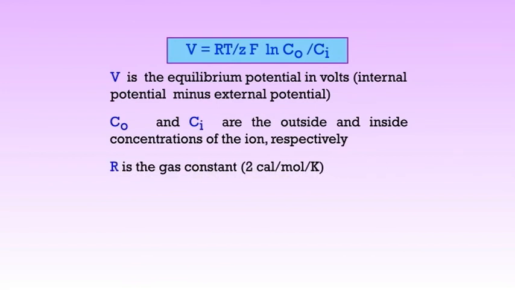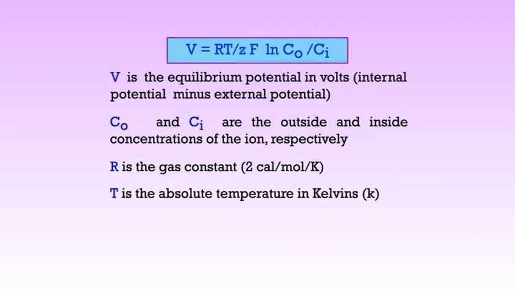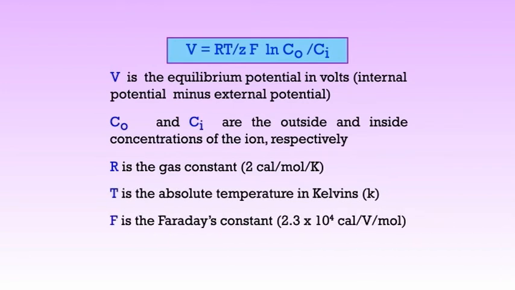R is the gas constant, which is 2 calories per mole per Kelvin. T is the absolute temperature in kelvins. F is the Faraday's constant, which is 2.3 into 10 to the power 4 calories per volt per mole. Z is the valence or the charge of the ion.